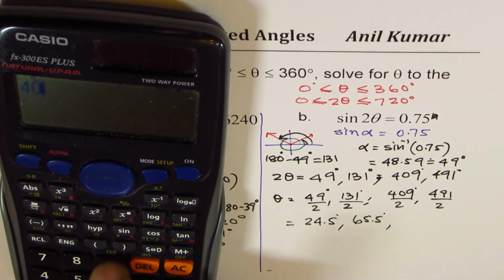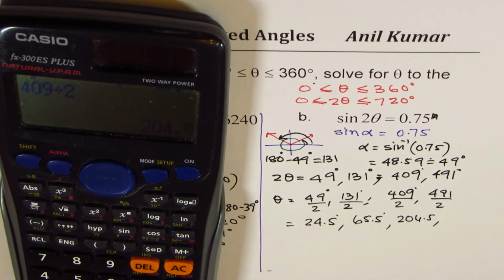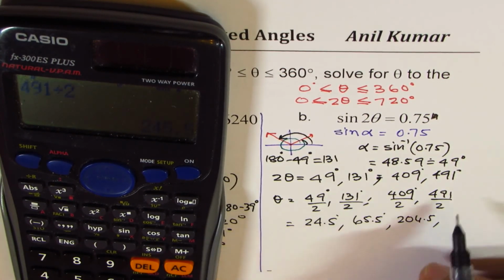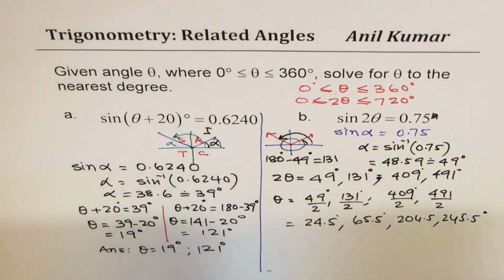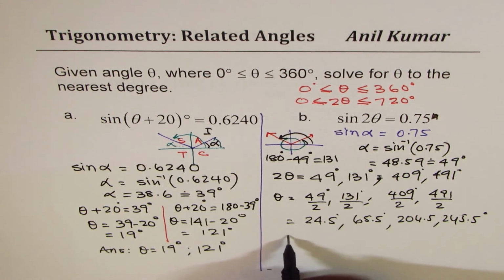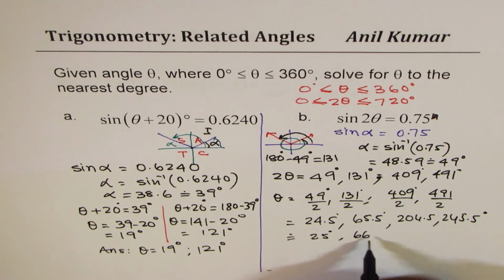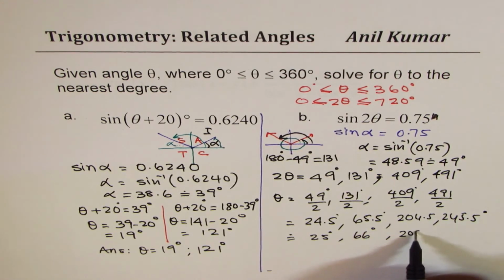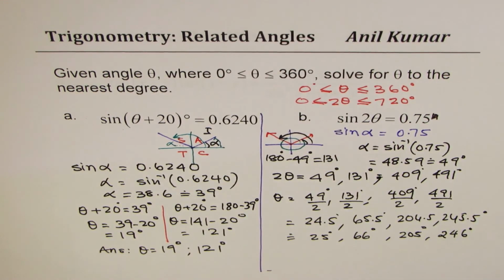Then 409 divided by 2 is 204.5 degrees. And 491 divided by 2 equals 245.5 degrees. Since we have to round them to whole numbers, we'll round them to 25 degrees, 66 degrees, 205 degrees, and 246 degrees. Perfect. So that becomes our solution.